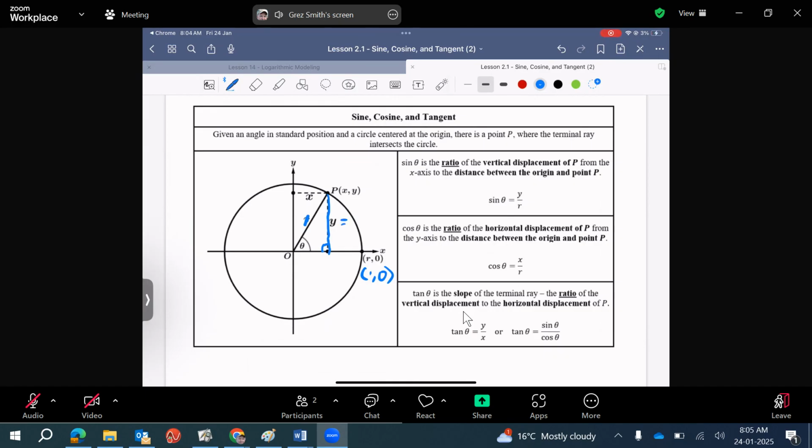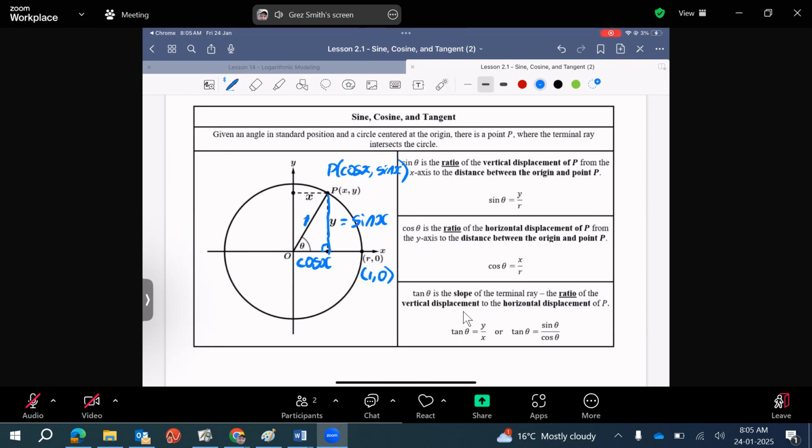This means this is equal to sine x. Likewise, we're going to have this length here as cosine x. So the coordinates of point P become cosine x, comma sine x. This is what we call the unit circle. We use this for a lot of problem solving.